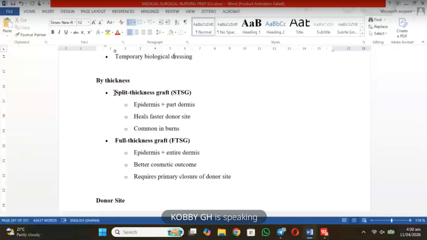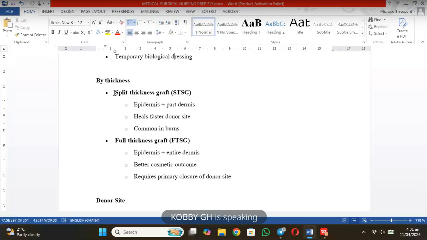Now, if the doctors say full thickness graft, what it means is that they've picked the epidermis and the entire dermis to go and place at the recipient site.